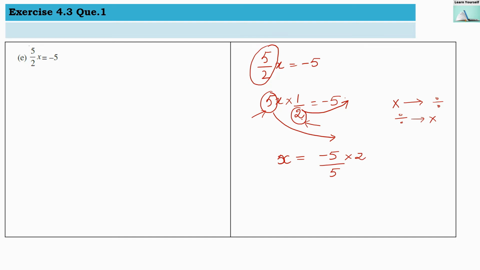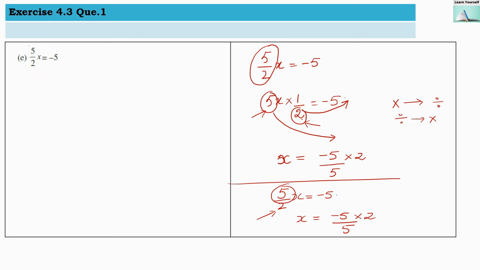Again, let us understand this step: 5 by 2 x equals minus 5. 5 will go to division, so x equals minus 5 divided by 5, because this 5 is in multiplication. This 2 is in division, so once it changes side, it will go to multiplication.